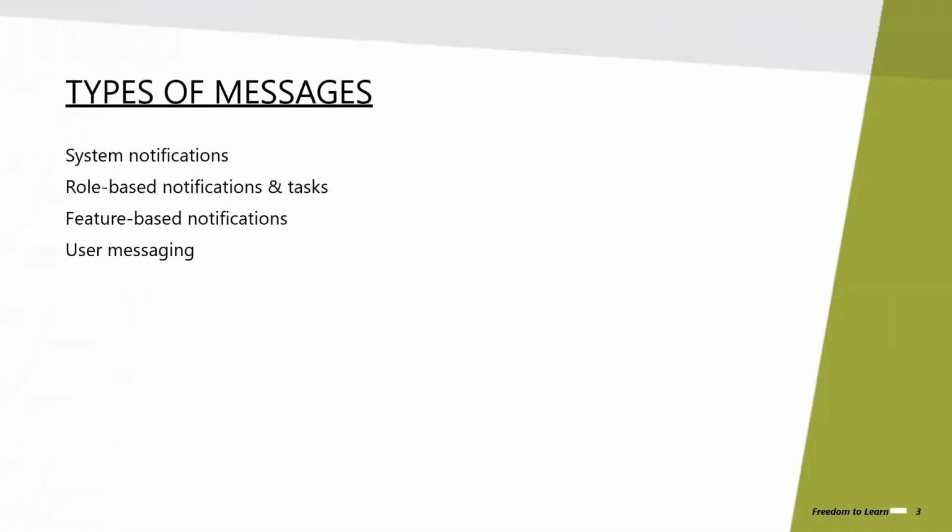There are also role-based notifications and tasks, which overlap a little bit with the system, but role-based notifications and tasks in this sense refers more to things like in programs. I may set up a reminder message that has someone get an email saying, hey, you need to go complete your program within 30 days. So the learner may receive a copy of that.